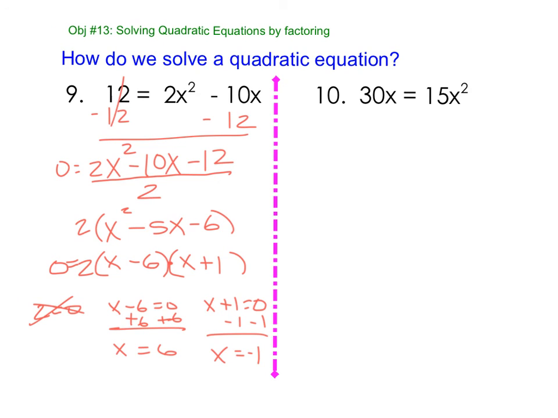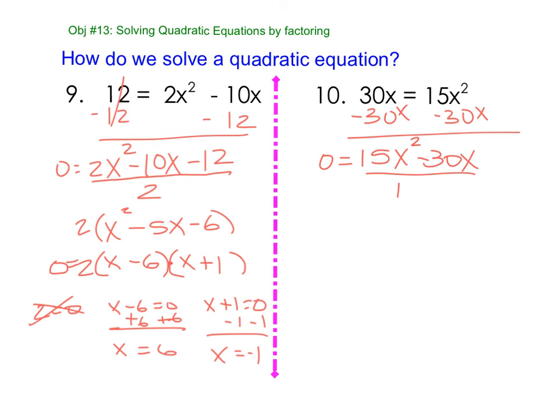All right, last one. Subtract 30x on both sides. 0 equals 15x squared minus 30x. This is a GCF of 15x. So 15x times x minus 2.